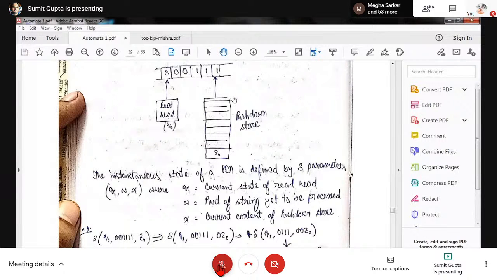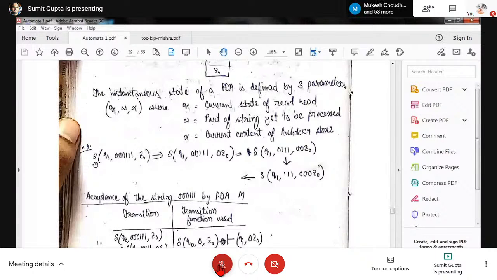So look at this. Suppose we have to find out the transitions. Delta of Q0, 0, 0, 0, 1, 1, 1 is the original string, and Z0 is the current content of the pushdown store, the initial symbol. Is this part clear? So we represent the instantaneous state of a pushdown automaton by 3 parameters: the current state of the read head, the string that has to be processed, and the present content of the pushdown store, or the stack.